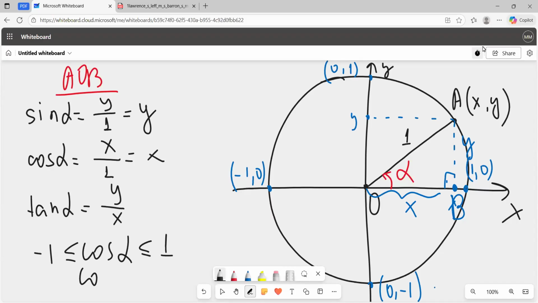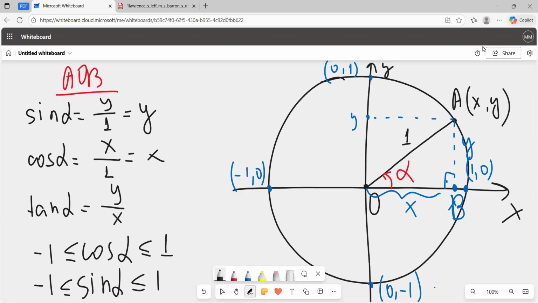The same thing is true for the sine of alpha. The values of sine of alpha are between -1 and +1 equal. Okay.